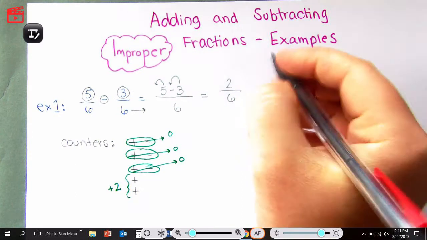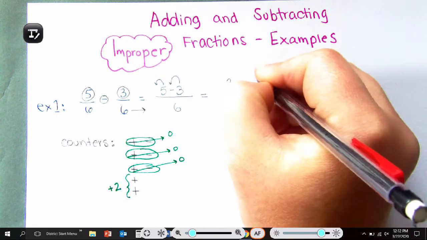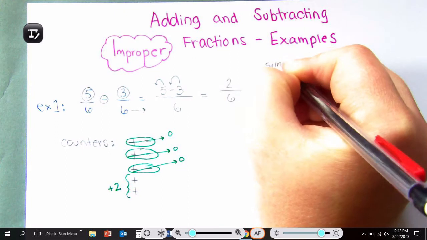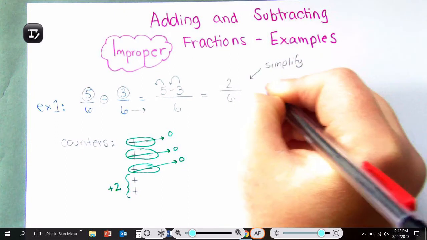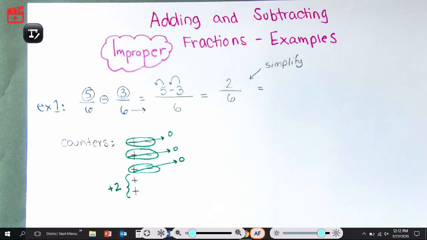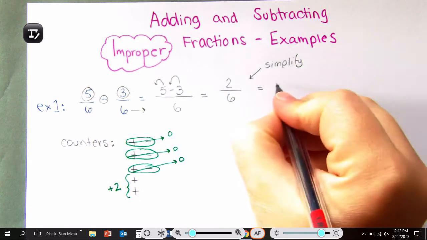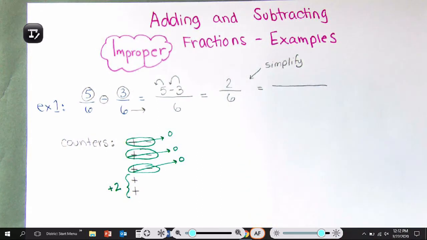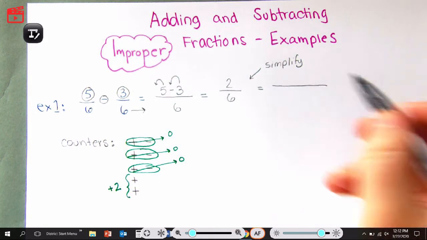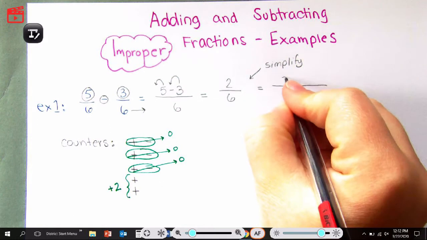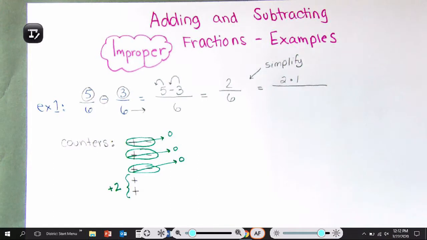And now I do want you to simplify, okay? So at this step, simplify your fractions. Now I'm not sure how your teacher does it, how you were taught, but this is how we do it in my class. We're going to write down the factors. So what are the factors of 2? What times what is 2? The only thing is 2 times 1. Then what times what is 6? Now you can write 6 times 1, but that's very unhelpful because we also know that 3 times 2 is 6.